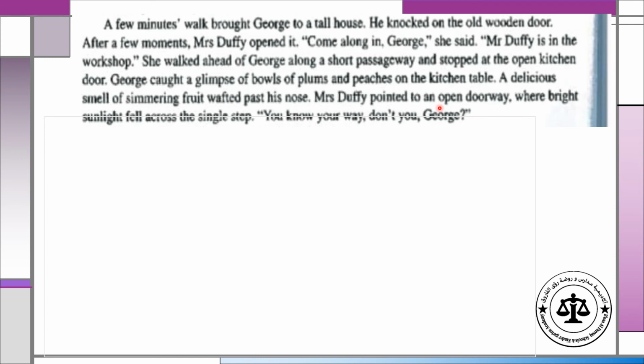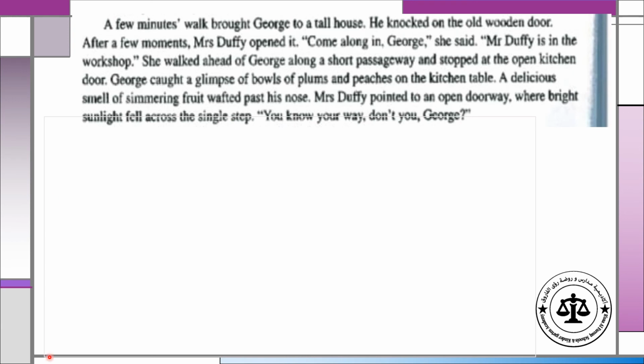Mrs. Duffy pointed to an open doorway, أشارت للopen doorway, where bright sunlight fell across the single step. And she said, You know your way, don't you, George? تعرف طريقك, صحيح, يا George? So this question indicates that Mrs. Duffy, Mr. Duffy, and George know each other very well, بيعرفوا بعض من قبل ومنيح.